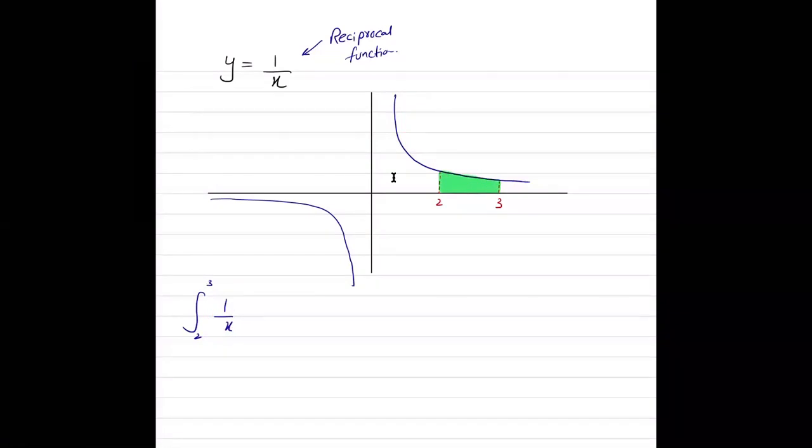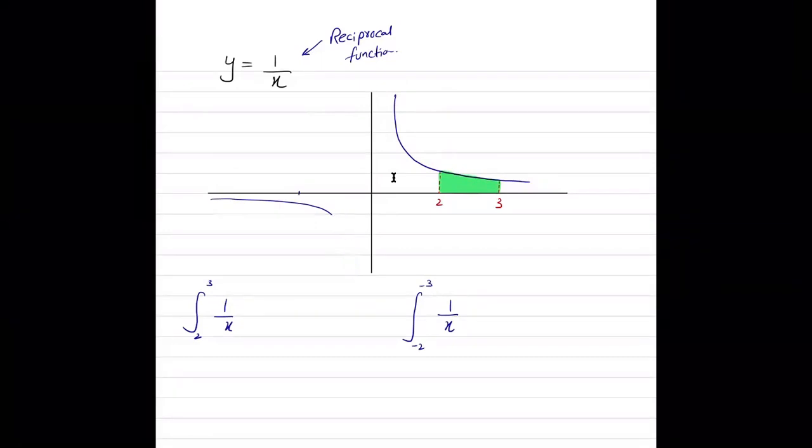Yes. Now you can also observe from here that this type of graph is symmetrical. Like it's sort of symmetrical that this shape is identical to this shape. It's just that this is being made in the first quadrant, this is being made in the second quadrant. So would you agree that I'm going to get the same area if I would have integrated the curve from -2 to -3 as well? -2 is going to be somewhere over here.